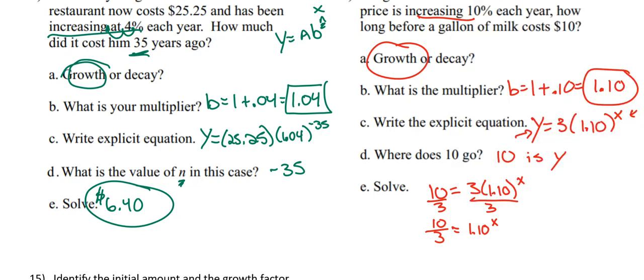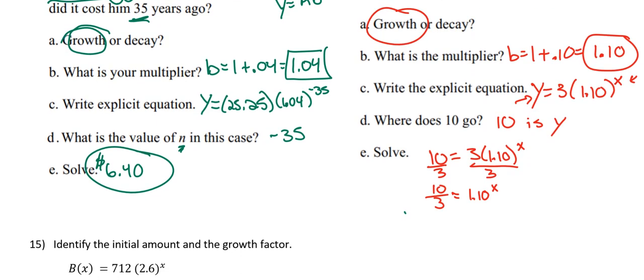So at this point, I'm going to bring in my logs, and I'm going to put, sorry, I'm going to move this up a bit. I'm going to put the log of 10 thirds. You can get a decimal for that. I'm just going to keep it as a fraction. It'll be a little easier. Is 1.10 to the x. So again, remember, we can always put logs in.